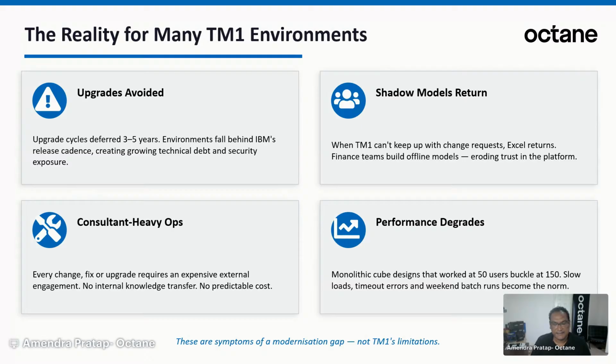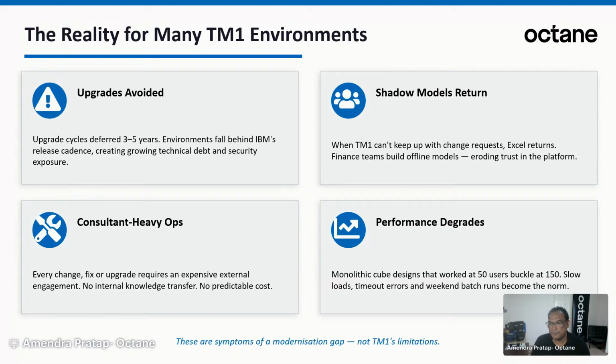The other thing we see if you're not running a modern TM1 platform is that the shadow models tend to creep back in. And these are the things where scenarios like finance or the users are asking for certain functionality, certain reports, or certain things that they want updated in their models.